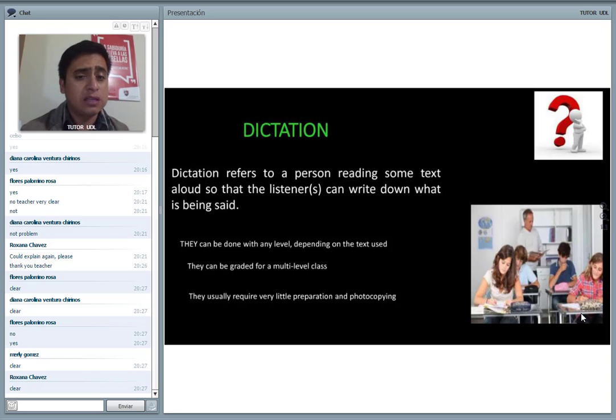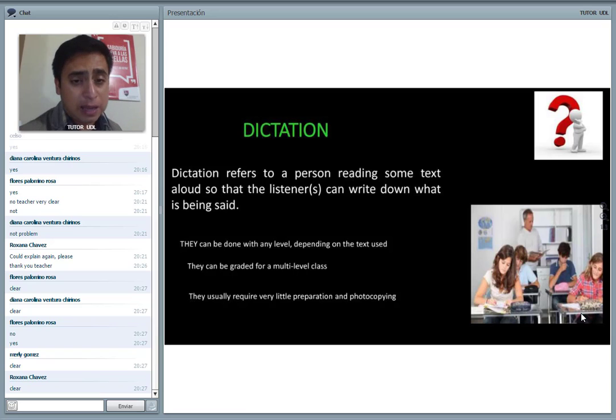You can use dictation at any level, even in primary school, even in high school, right? And of course, you don't need to prepare anything, because for dictation they just need a piece of paper. They write their names on it, and you can just start dictating words and they can start writing. I think dictation is really important, especially when you want students to remember words, when you are teaching vocabulary.